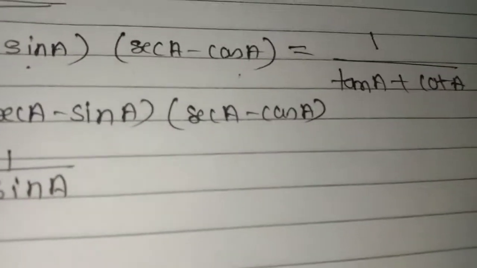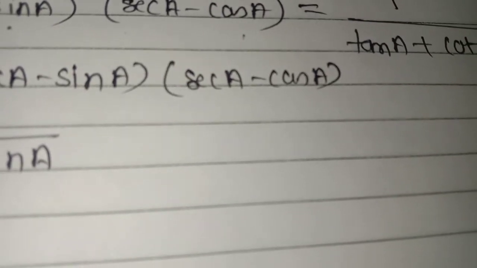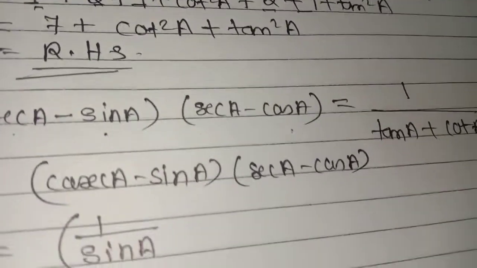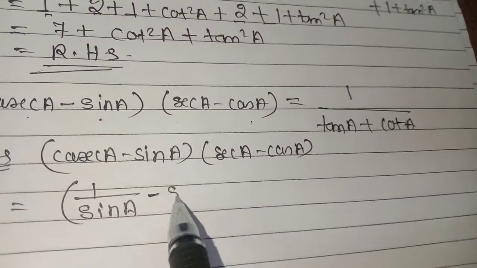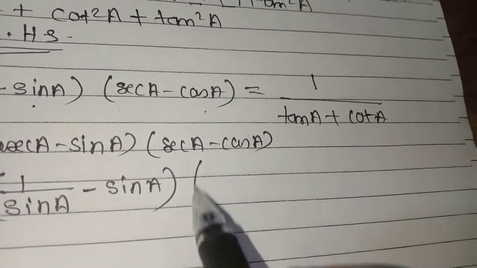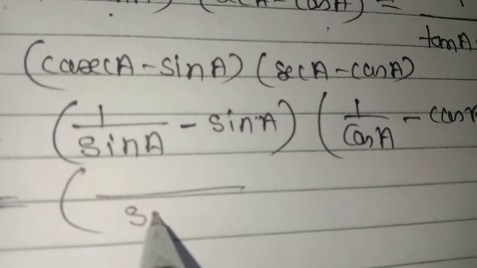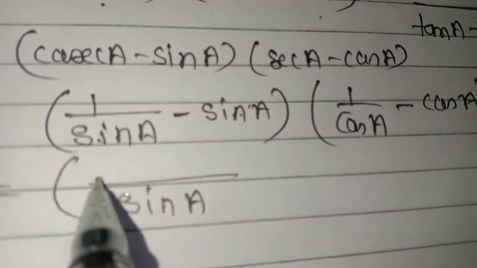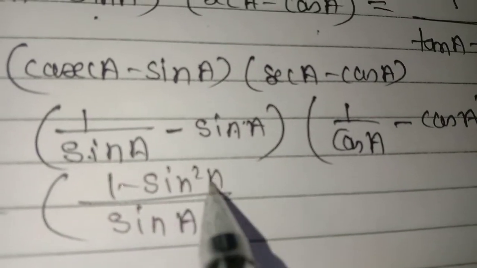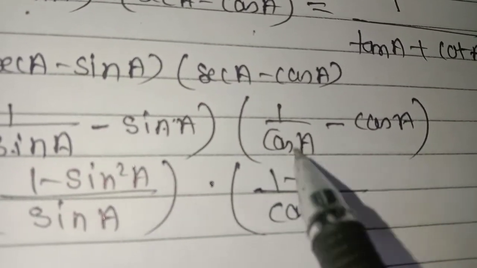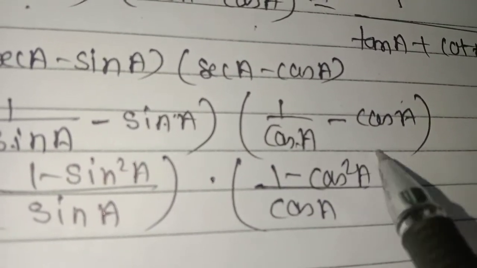Cosec A can be written as what? 1 upon sin A. Then minus sin A, and here it is 1 upon cos A minus cos A. So do one thing, take LCM here, it is sin A. Now sin A into sin A, 1 minus sin square A into, take LCM here, cos A, cos A into cos A, cos square A.